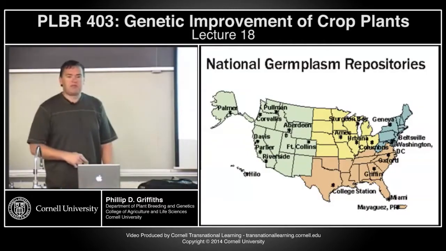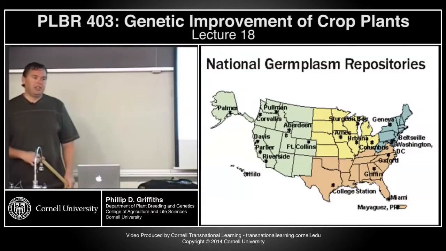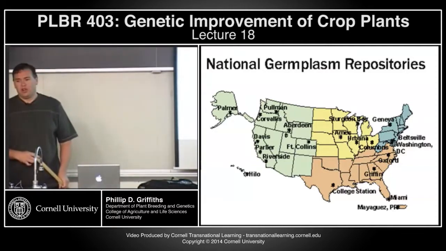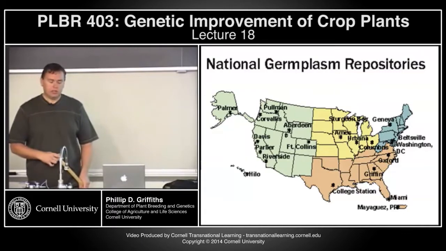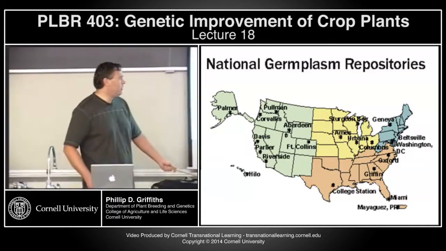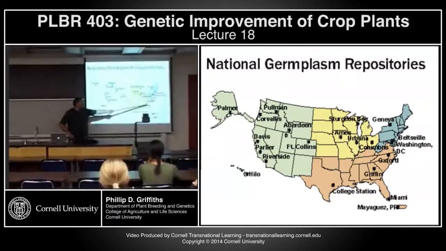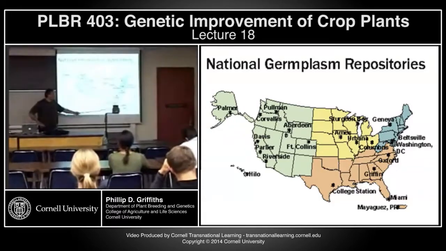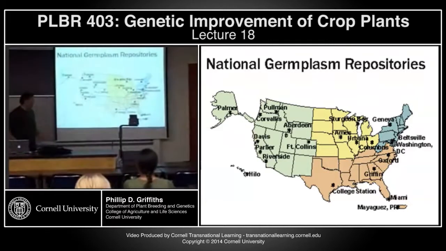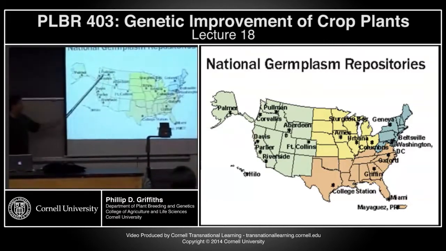The germplasm repositories have expanded for political and geographical reasons. Griffin is now considered a regional plant introduction station, together with Geneva, Ames, and Pullman.